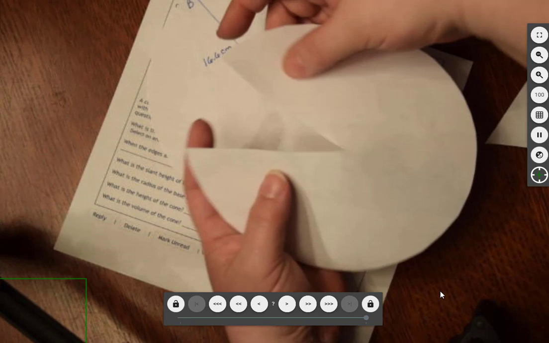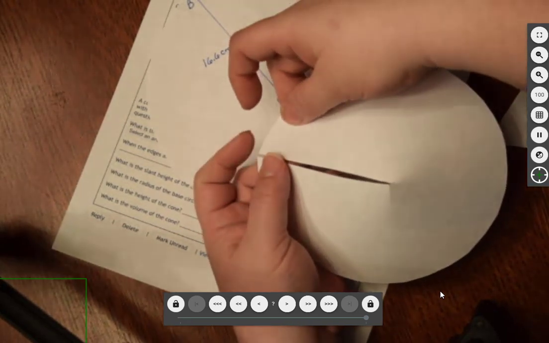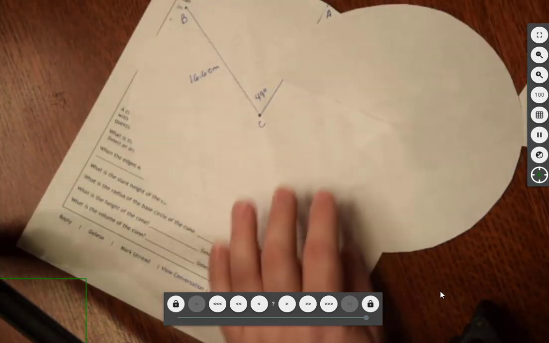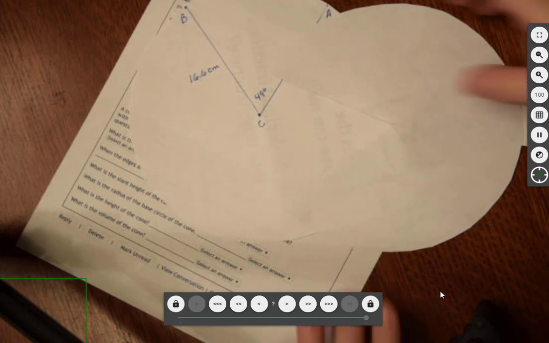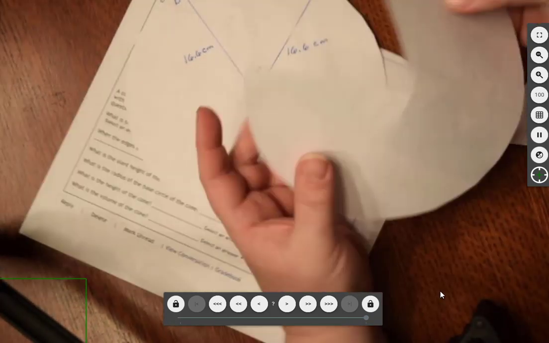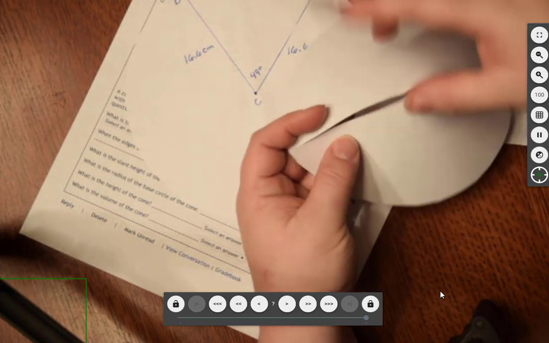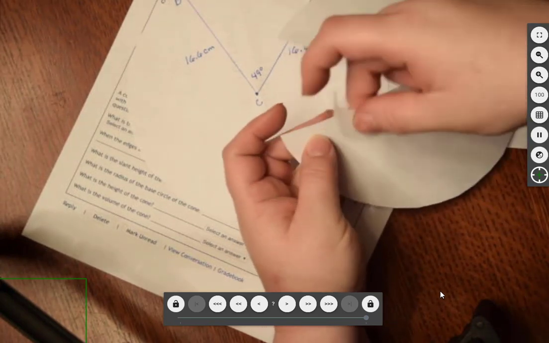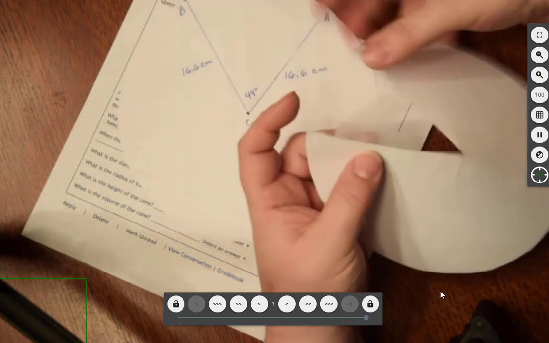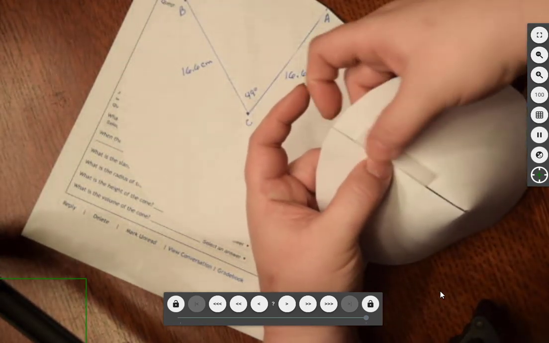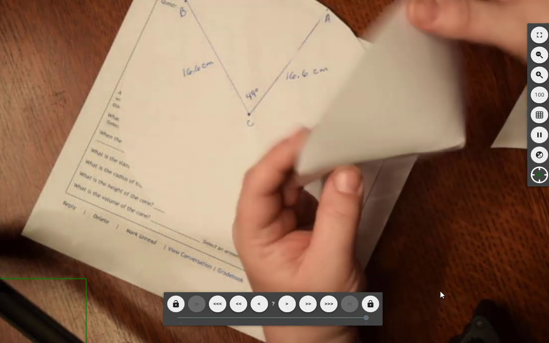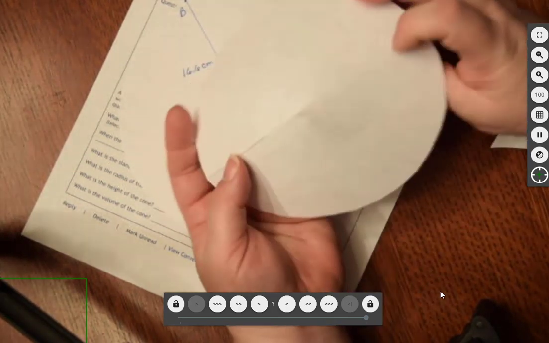We're going to join them together and create a cone. So I'm going to grab my tape, and if we join this together, it's going to create this cone. It's going to look something like this.